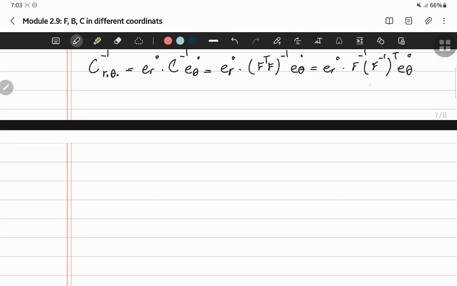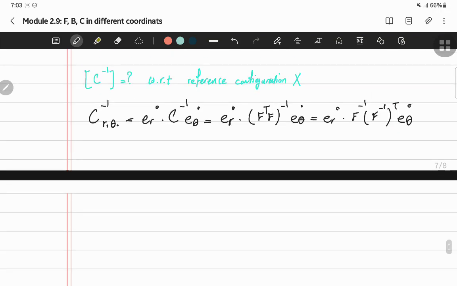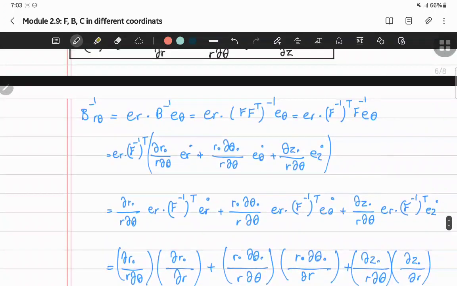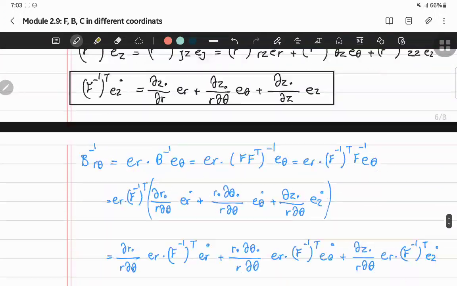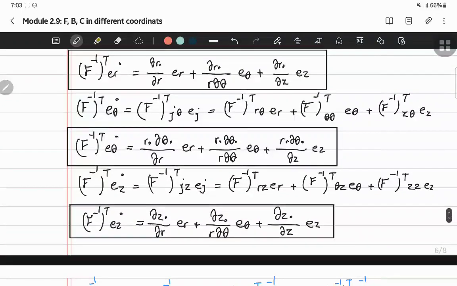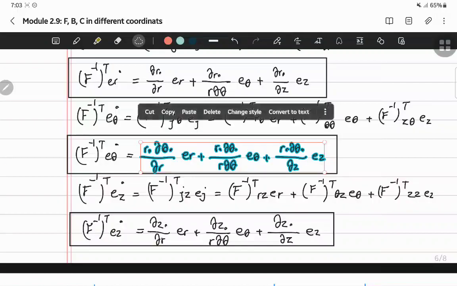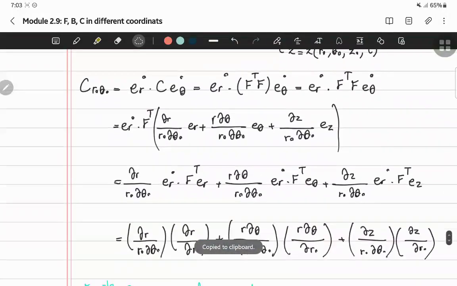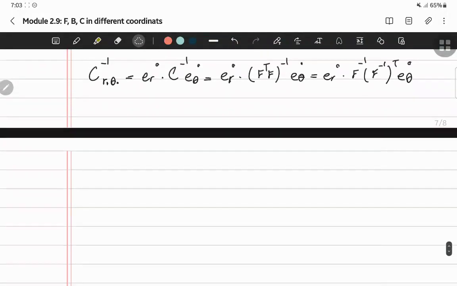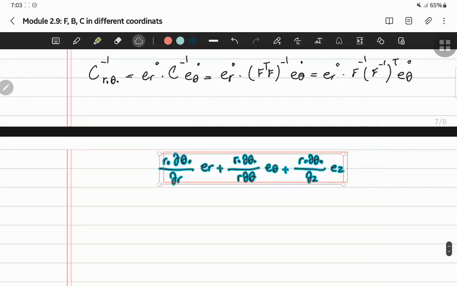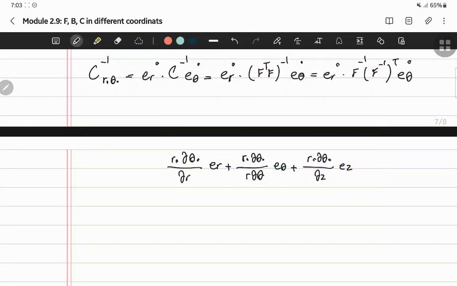So first we have to find this F inverse transpose E theta 0. Here it is. So we copy this and we paste it here. Awesome.